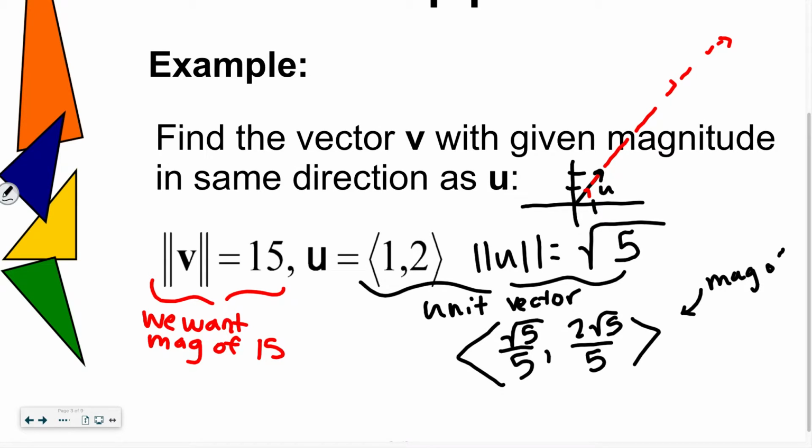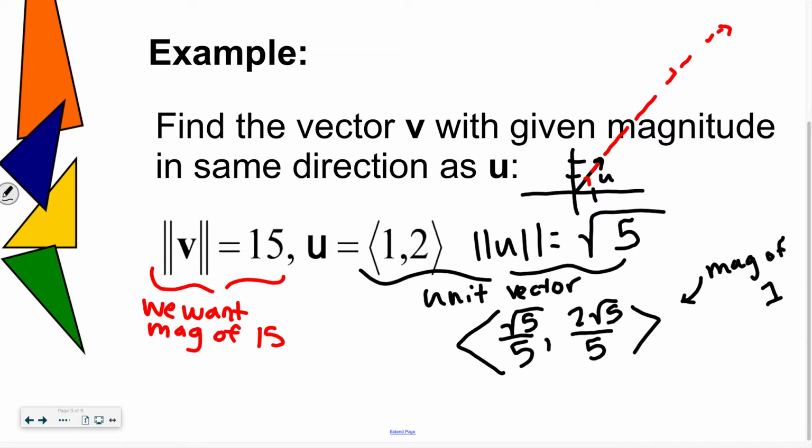It has a magnitude of 1 now. I left it up over here on the sideboard. I mentioned it yesterday, but I didn't show it out. Here I put in square root 5 over 5 and 2 square root 5 over 5, and I squared them. I come up with 5 25ths plus 20 25ths, which is 25 over 25, which gives me a magnitude of 1. So it should check in the end.